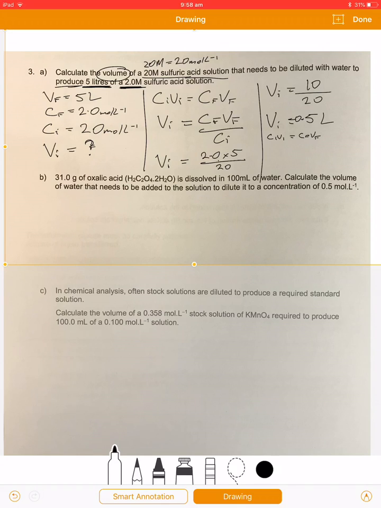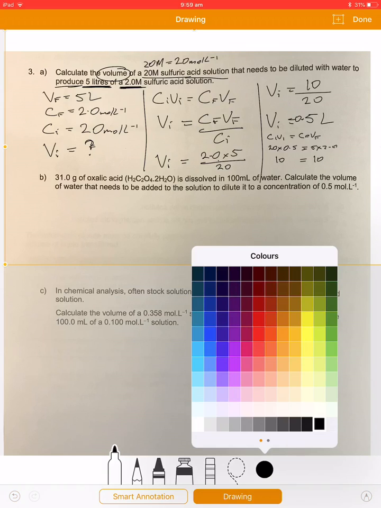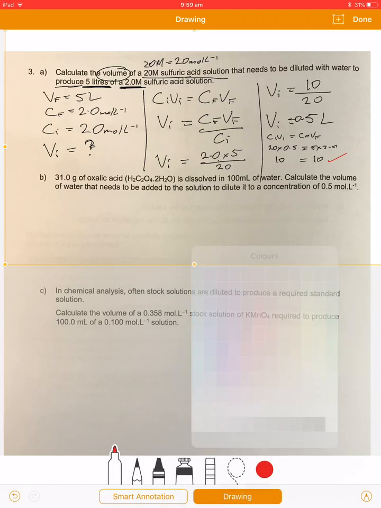So CIVI is 20 times 0.5, which equals 10, and that should equal CFVF, which was 5 times 2.0, and 5 times 2 is also 10. Therefore we know that our answer is correct.